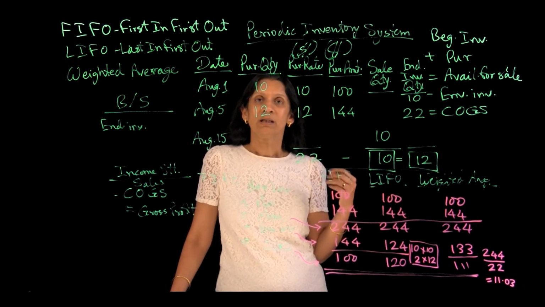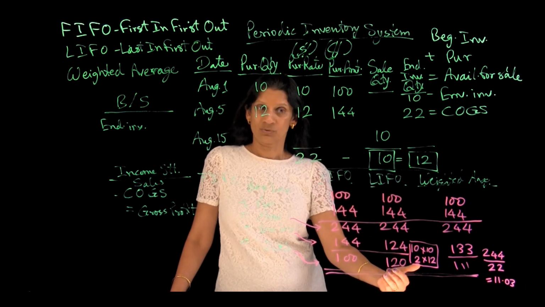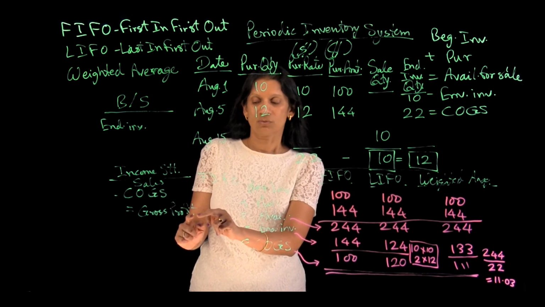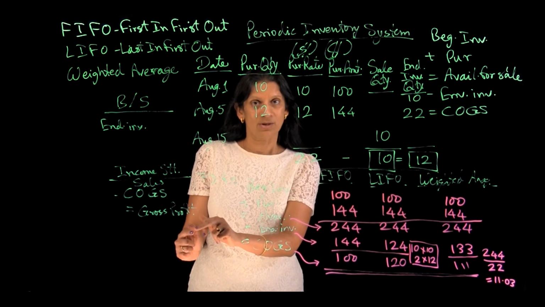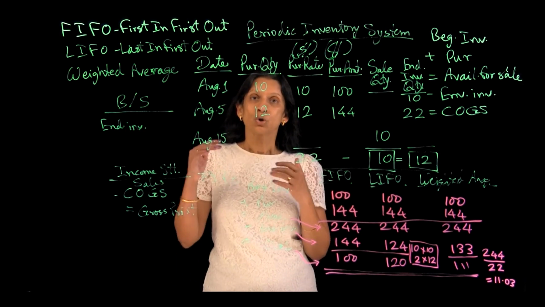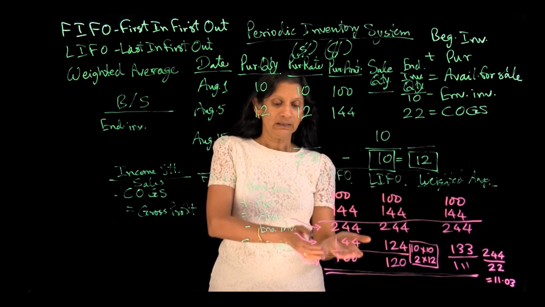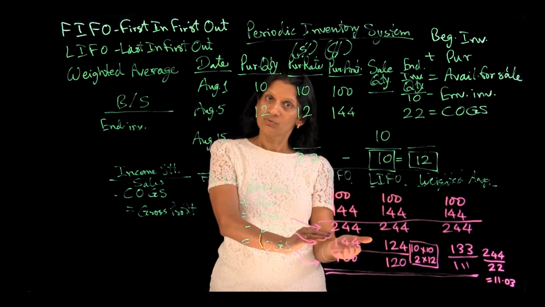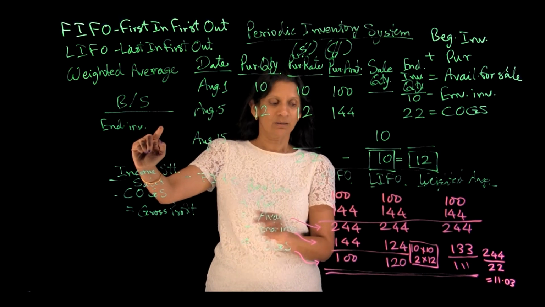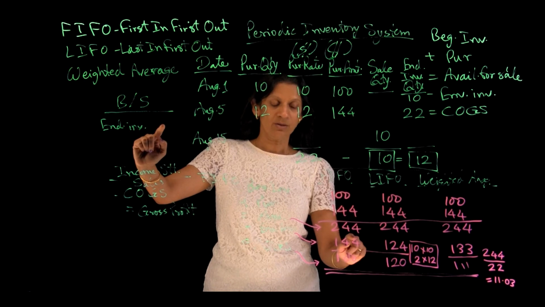If the company is more interested in saving taxes, they will be going for last in, first out and reflect high cost of goods sold and consequently lesser profit and lesser taxes. But if a company is more interested in showing a high value of their inventory in the balance sheet, then they will be going for the first in, first out assumption, where the ending inventory value reflected in the balance sheet will be 144 as against 124.